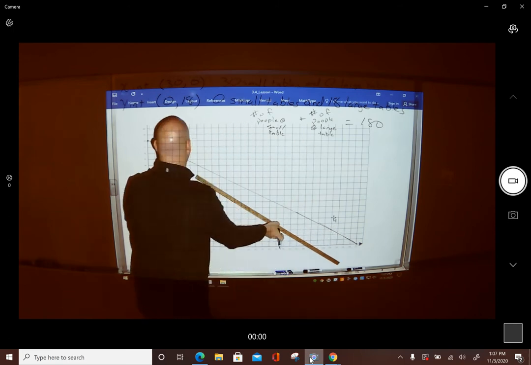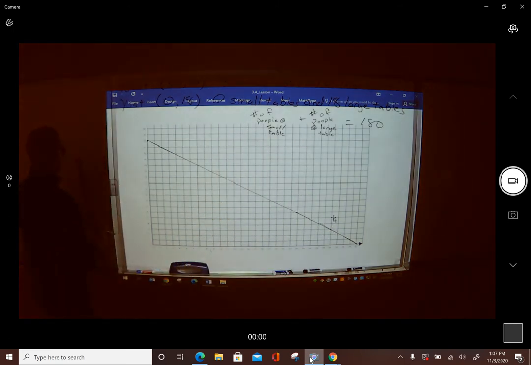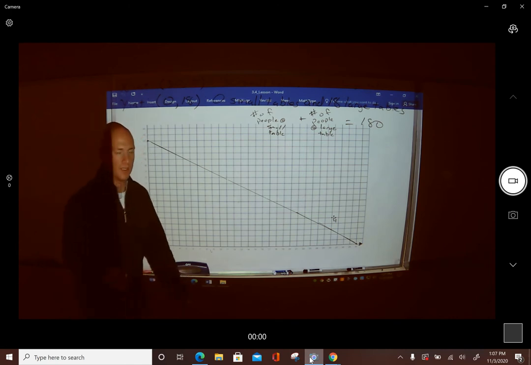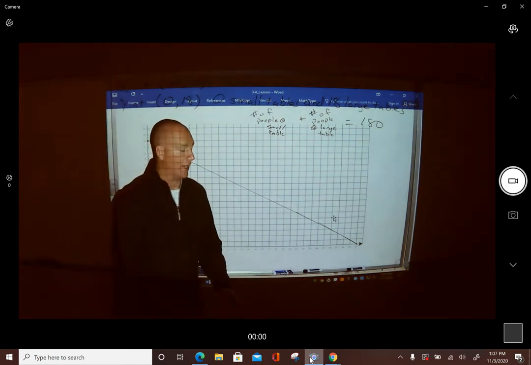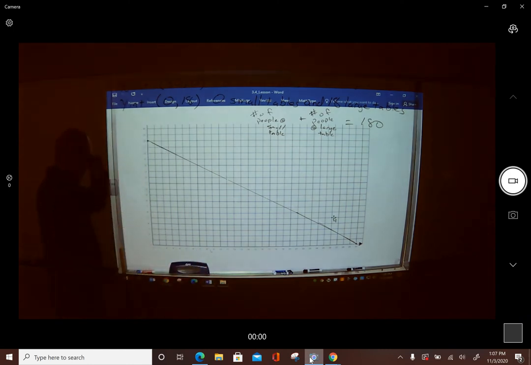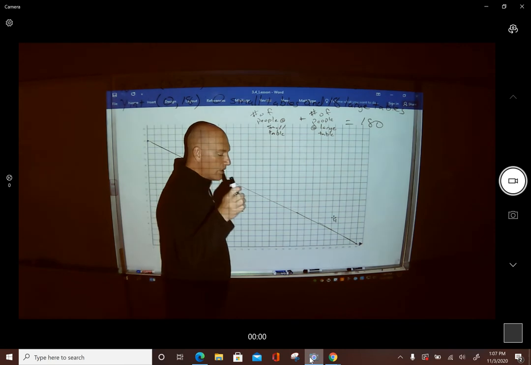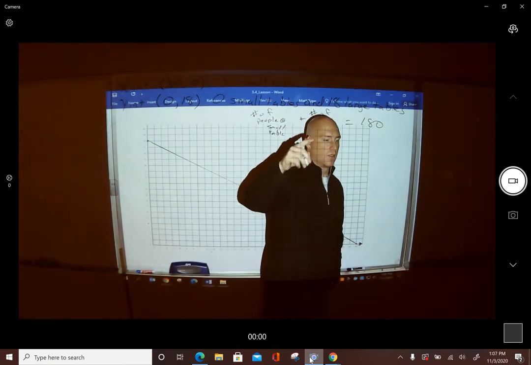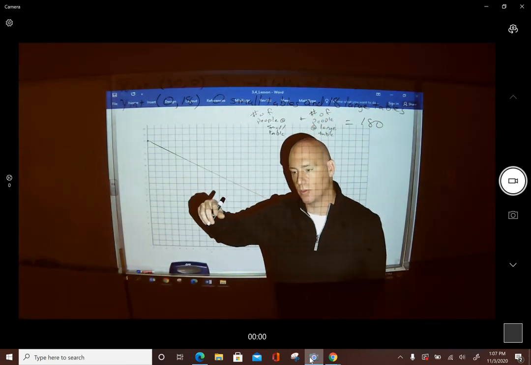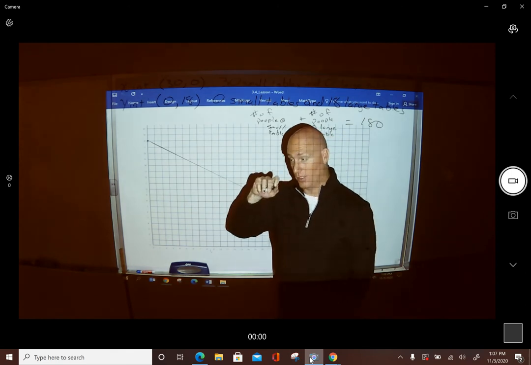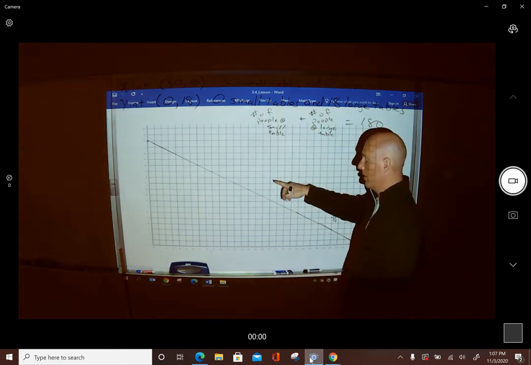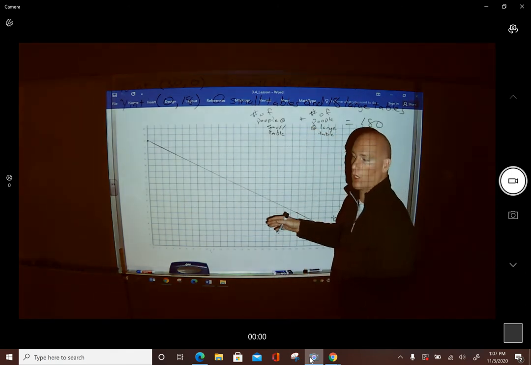So remember what a graph is. A graph is a pictorial representation of every possible solution. One thing we need to remember, which we didn't talk about in the beginning: does every number work? In other words, do we have a discrete or a continuous graph? I drew a continuous graph just because it was easier for me to draw.